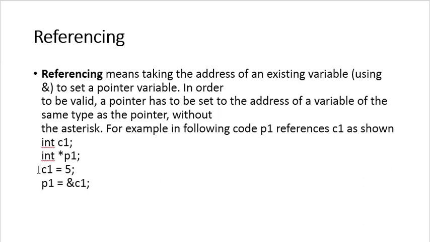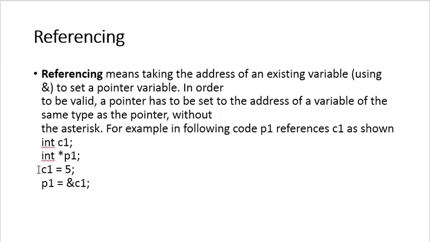For example, in the following code, P1 references C1 as shown. Here we are declaring a variable C1. The data type is integer, then a pointer, int asterisk P1. P1 is the pointer and C1 is the simple variable. Here we are assigning C1 a value 5, and the address of C1 is assigned to P1.